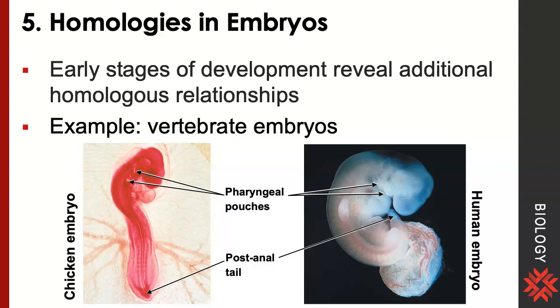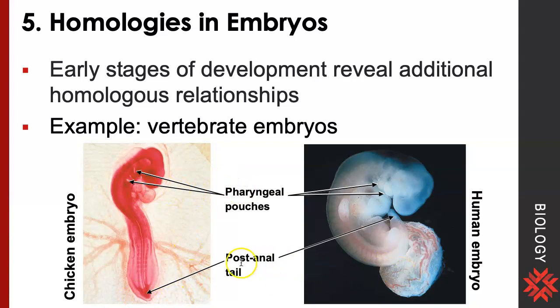If you look at an adult chicken and you look at an adult human, it's going to be pretty hard to see those homologies, those similarities. But if you look at the embryos of chickens and the embryos of humans, well, now you see, wait a minute, they don't look overly different from one another. They both have these similar pharyngeal pouches.